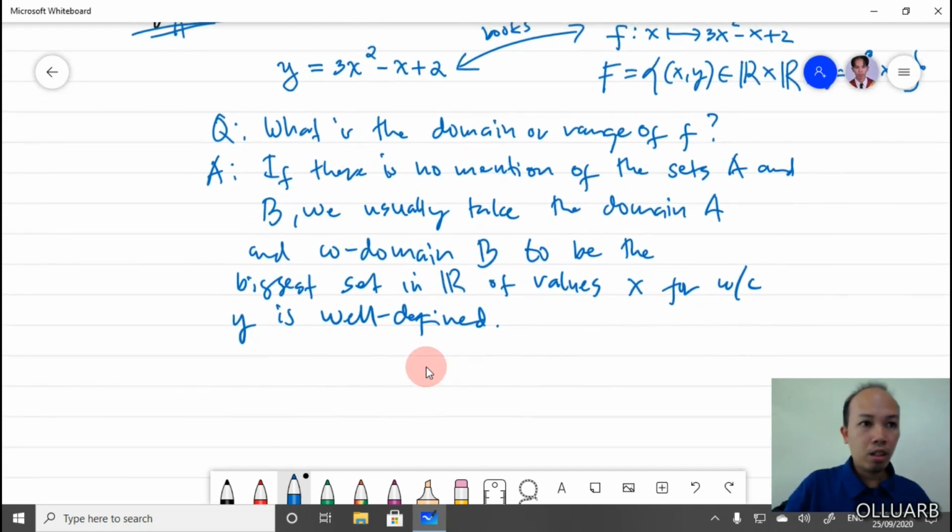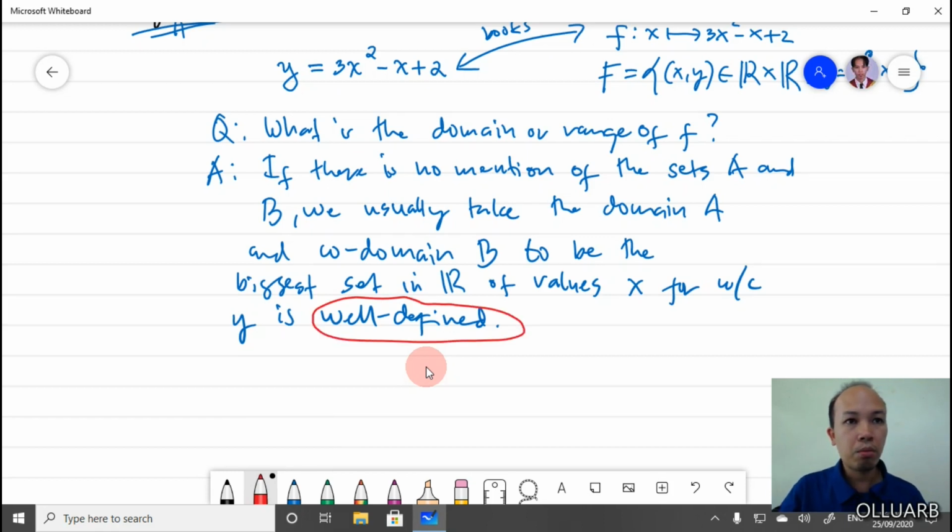So as I've said, the value of x should be in the set of real numbers, and when you substitute a value, the equation must be well defined, meaning if you put an x here, there must be a y. Okay, that's the answer to the question, what is the domain or the range of the function f or the relation f.